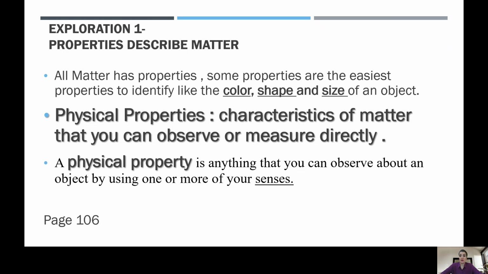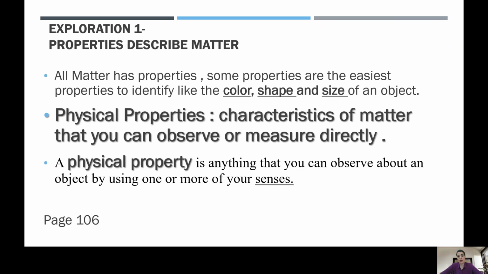All these describe the object, which is the book, an example of matter. In other words, a physical property is any characteristic that I can observe using the 5 senses.